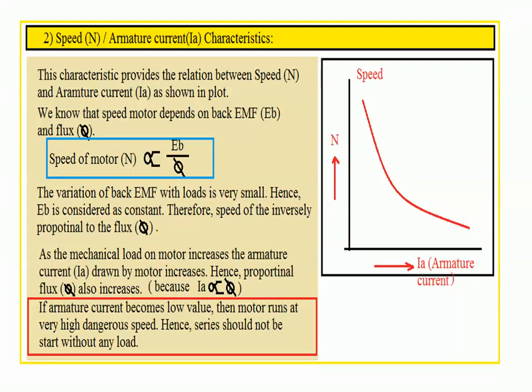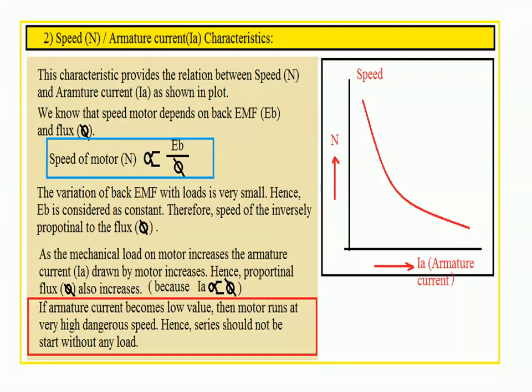As the load increases, the armature current increases. As the armature current increases, flux increases. As the flux increases, the speed of the motor decreases because it is inversely proportional.